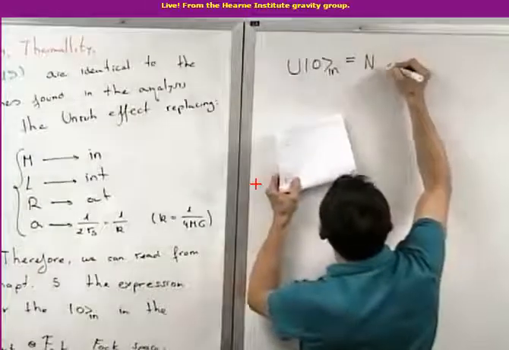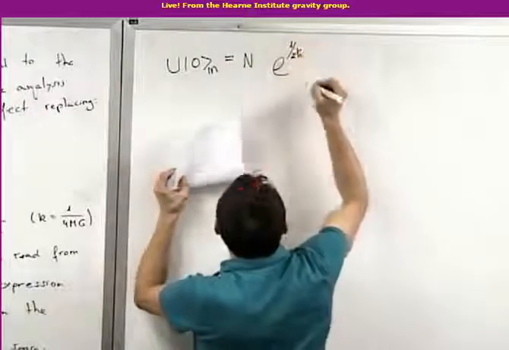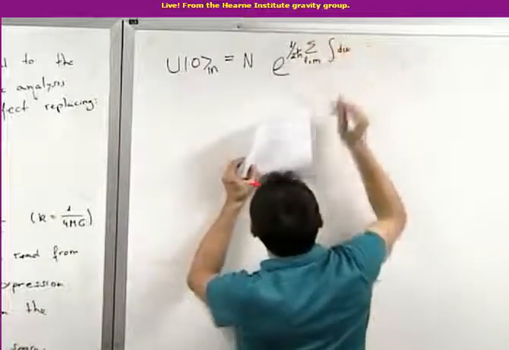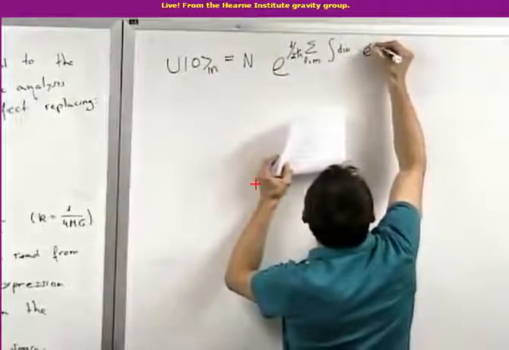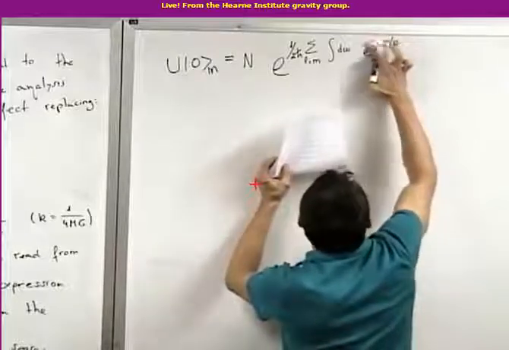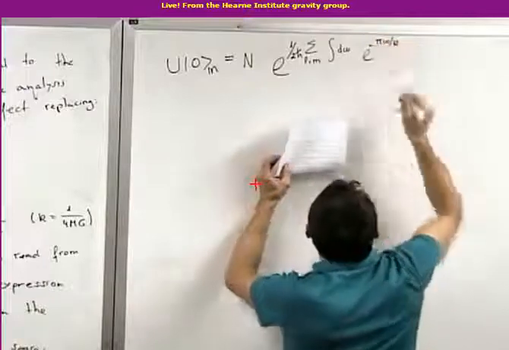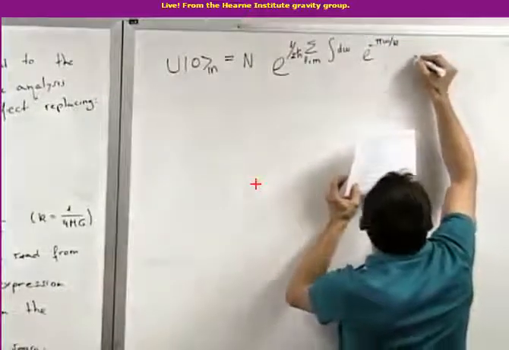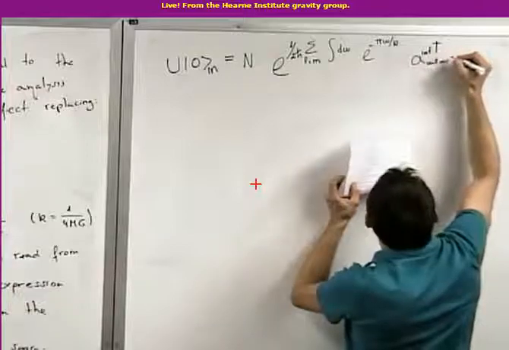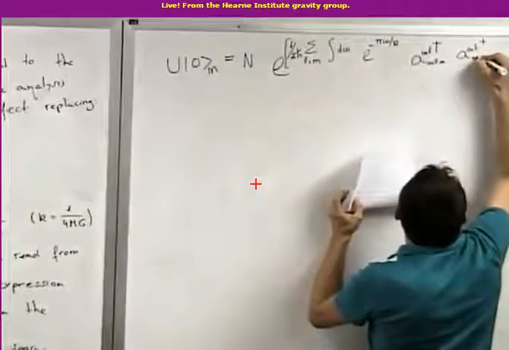then what you find is you have N, which is a normalization factor I will write in a second, times the exponential of 1 over 2 h bar, sum over l, m, integral in frequency, e to the minus pi omega over kappa, A int dagger omega l m, everything is in the exponent, A out dagger omega l m.